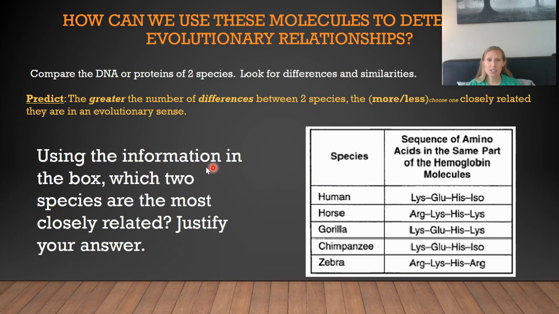So it says, using the information in this box, which two species would be the most closely related? You have a human, a horse, a gorilla, a chimpanzee, and a zebra. We're looking at the sequence of their amino acids, 4 amino acids here. Take a minute to look at this information to identify which two species would be the most closely related.